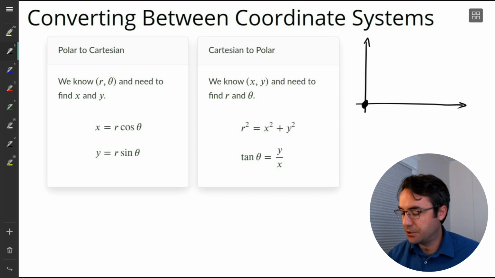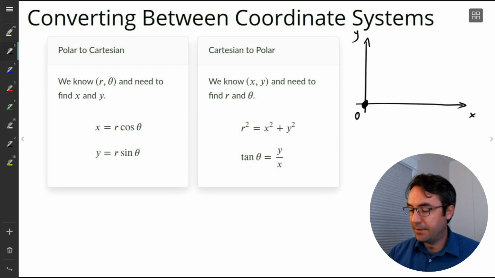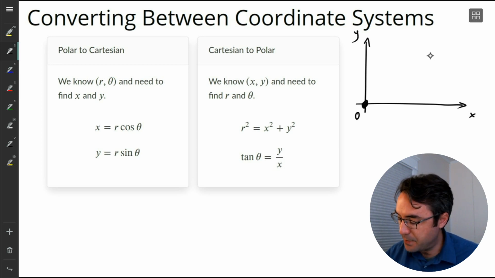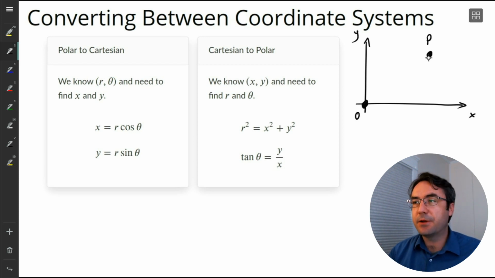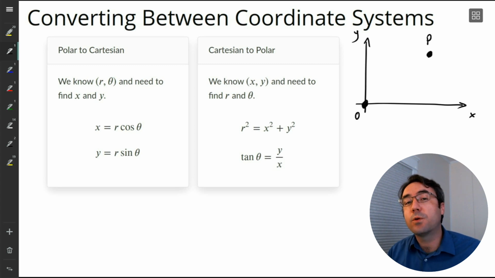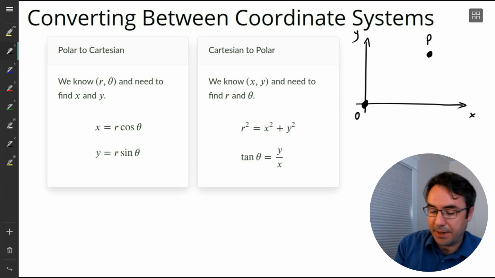Let's draw it in Cartesian coordinates first. So x and y. And here's our origin. And let's say we have some point P out here. Now, we can think of this point P as being represented in either polar coordinates or Cartesian coordinates. So let's draw in what both of those representations kind of mean.